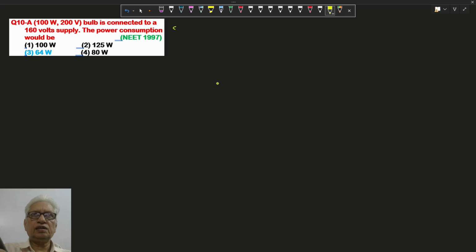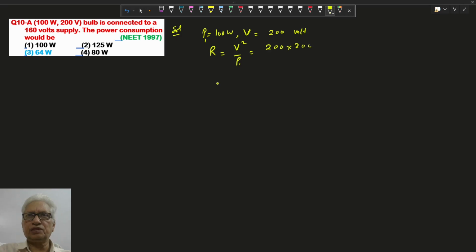In this question, a bulb of power 100 watt and voltage here is 200 volt. The resistance of this bulb will be V square upon P, which means 200 square upon power 100, which is 400 ohms.